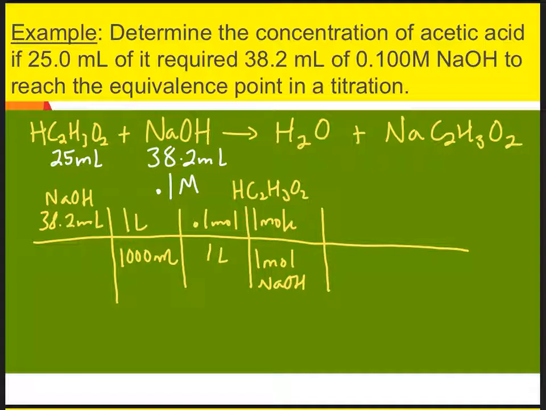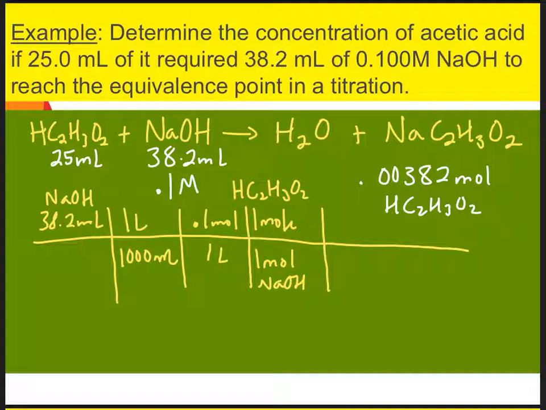And now that I am in moles of acetic acid, which if you calculate that, you get something like 0.00382 moles of acetic acid, HC2H3O2.